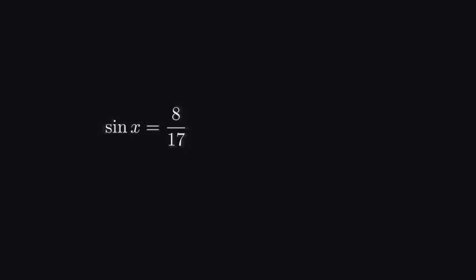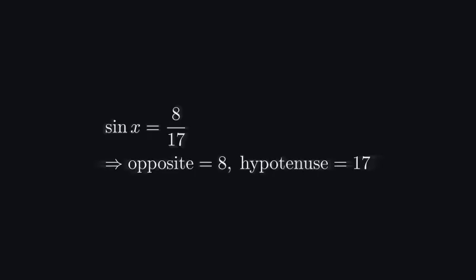Sin of x equals 8 over 17 implies opposite equals 8, hypotenuse equals 17. Substitute the known side lengths.